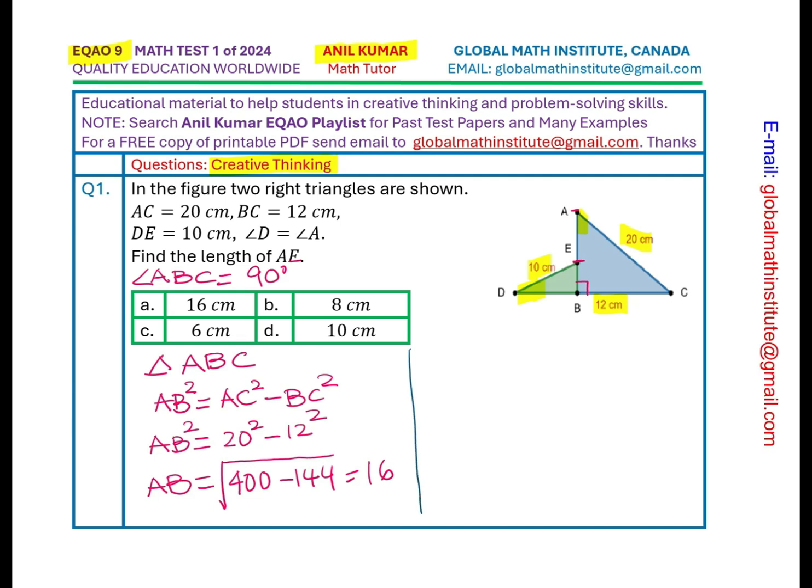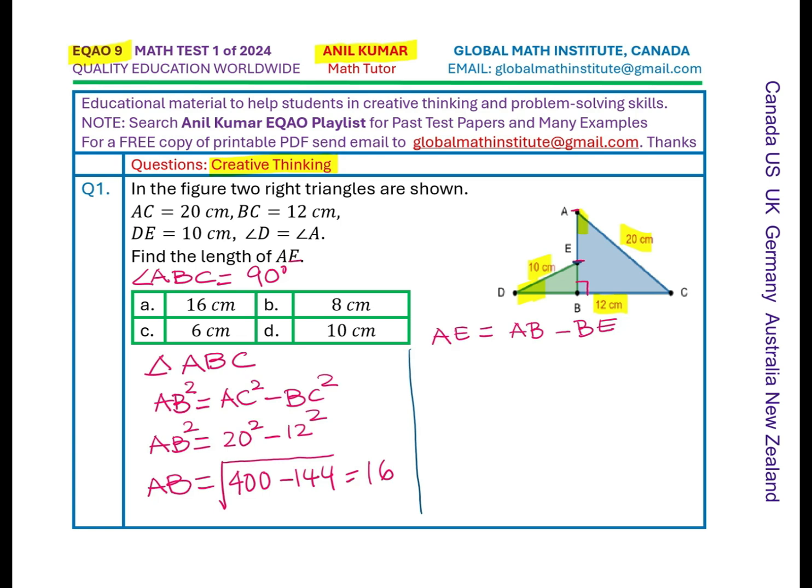We need to find what A to E is. We can say that A to E is equal to AB minus BE. How do we find BE?